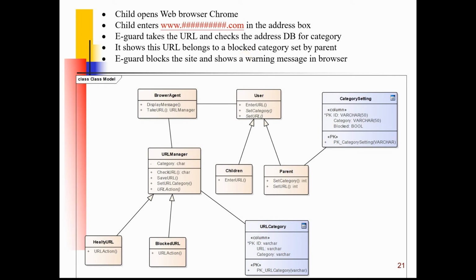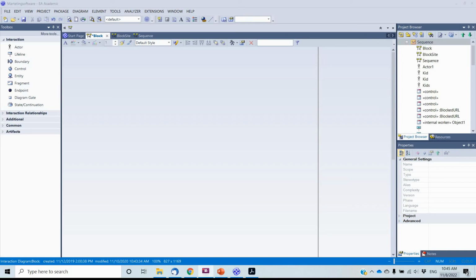So in your lab, what you will do is pick up some classes and put them into the detailed design level, which means you have the attributes and operations, and then you can draw the sequence diagram. Then I will show you how to do that.